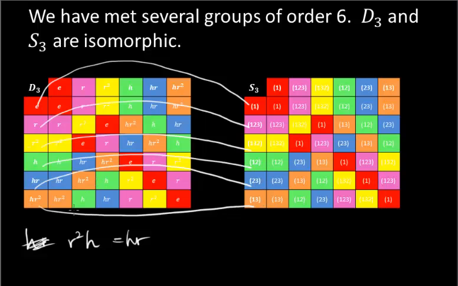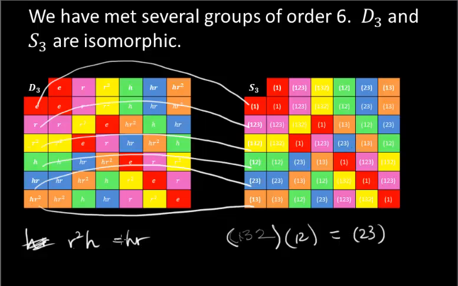Now over here, we mapped R squared to (1 3 2), and we mapped H to (1 2), and if I multiply (1 3 2) on the left times (1 2), I get (2 3).